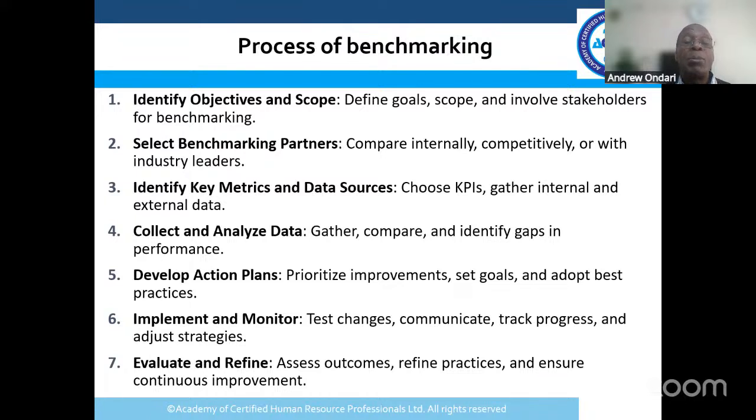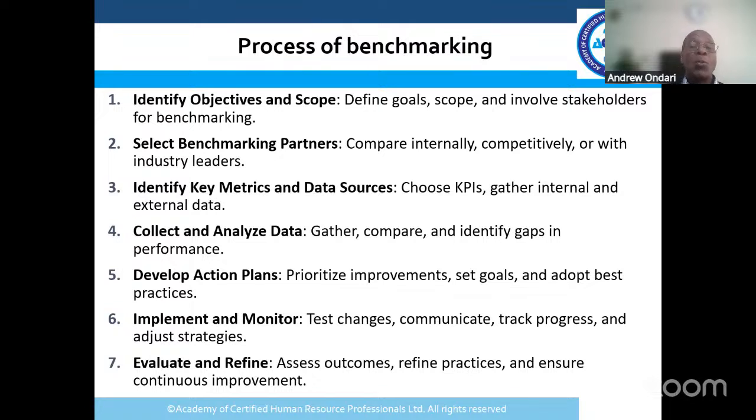So one key objective is to improve HR policies, practices, and processes. Secondly, you also need to determine the scope. The scope are the areas that we are going to do benchmarking in, which we have just mentioned.